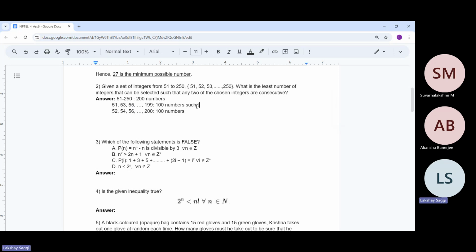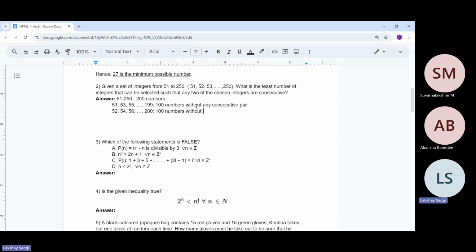100 numbers such that they don't have any consecutive pair. Maybe I should write this. 100 numbers without any consecutive pairs.